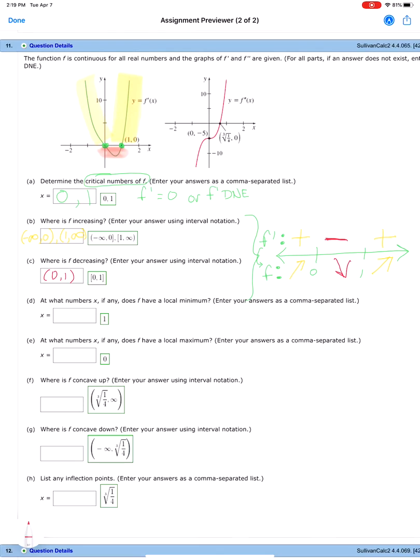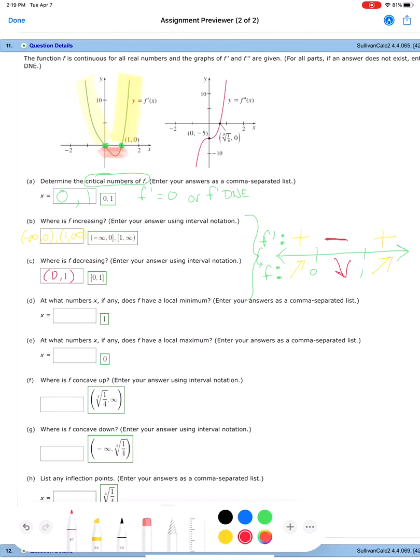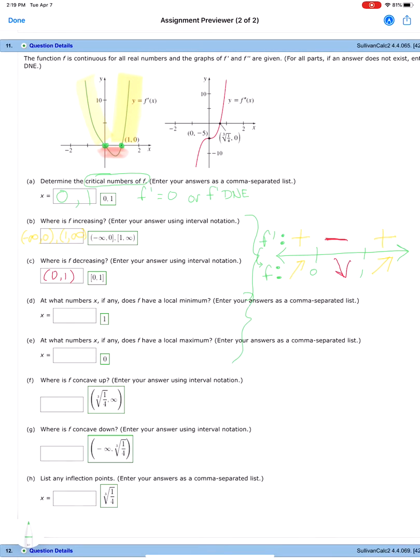And now, again, continuing to think about your sign analysis, looking back at extrema, we can look back at the work that we've just done up above. Places where a function changes from increasing to decreasing means that at x equals 0, this is going to be the location of a local max.